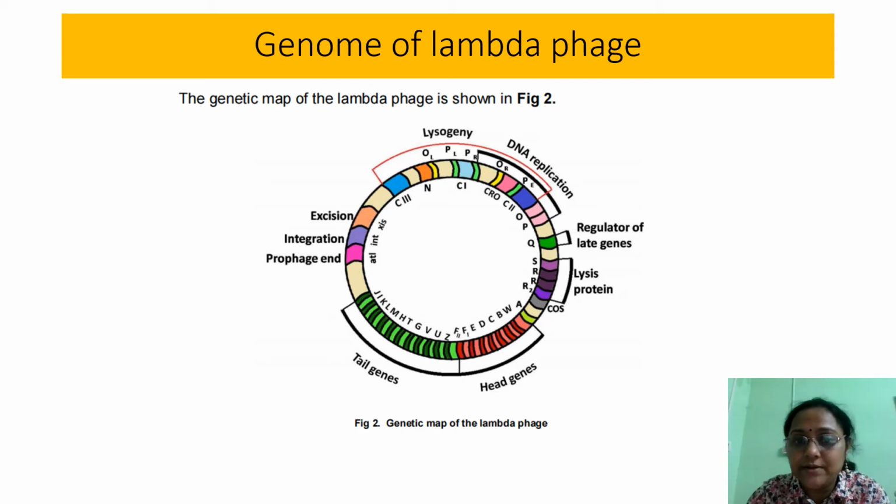Also, there are many more genes which are present here. We'll get to know which control which steps. So we will see how the lytic cycle is established and how the lysogenic cycle is established.